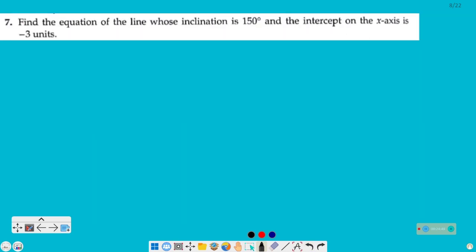Question number 7. The equation of a line whose inclination is 150 degree and intercept on x-axis is minus 3 unit. Inclination is 150 and intercept on x-axis is minus 3.